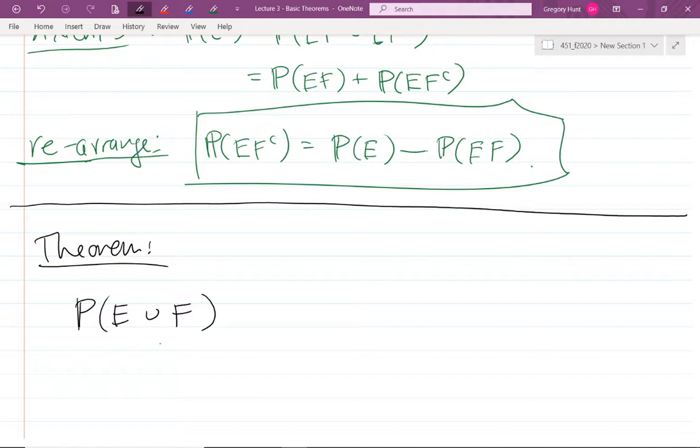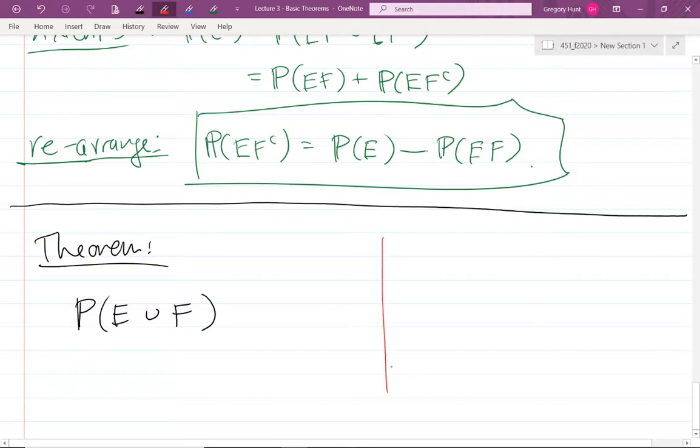I have not told you that E and F are disjoint. And unless we know E and F are disjoint, I cannot distribute that probability. If they were disjoint, it would be the probability of E plus the probability of F. But if they're not disjoint, the third axiom, the additivity axiom, does not work. The additivity axiom says things must be disjoint.